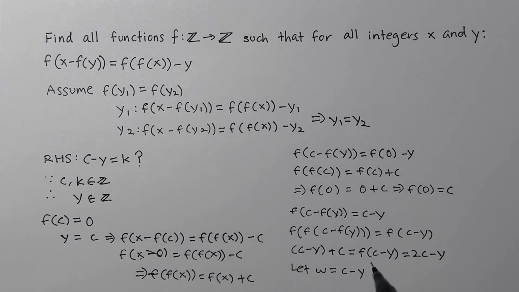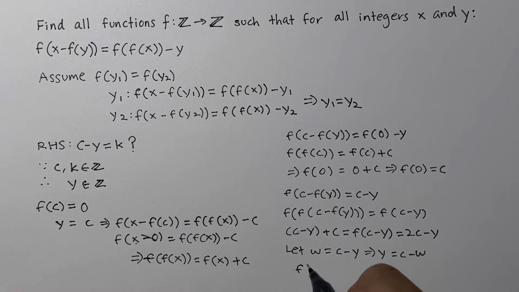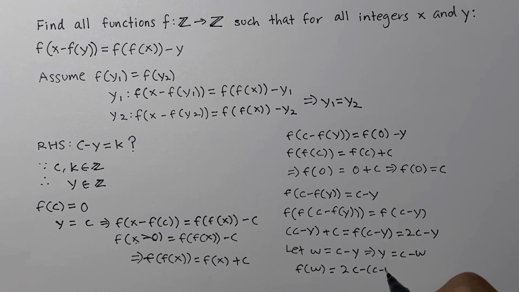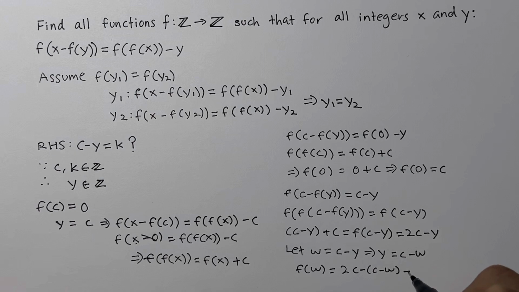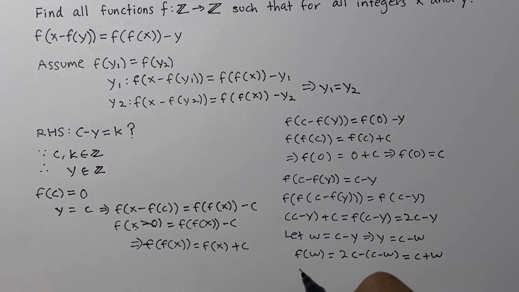We can express y as y equals c minus w. f of w will equal 2c minus c minus w, equals c plus w. This reveals the form of our function. It must be in the form of f of x equals x plus c.